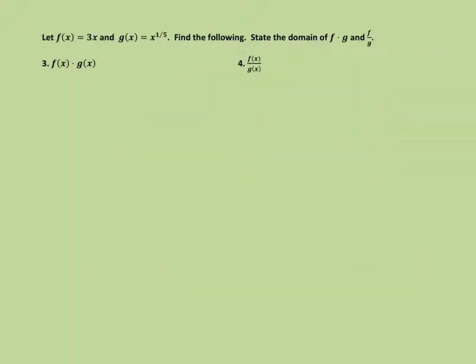So let's look at multiplying and dividing now. We have to state the domain. You don't have to worry about it because you can take the 5th root of anything. So the domain for both of these, we think, we'll check at the end, is going to be all real numbers, because it can be any x value.